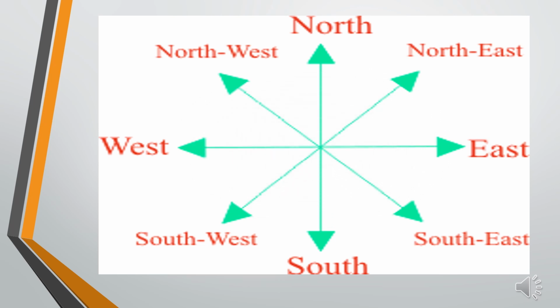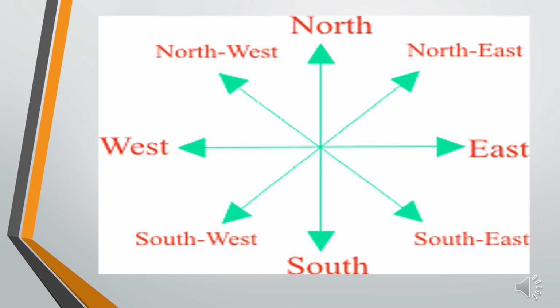Children, people use different ways to find places. During ancient times, people used the position of the sun to determine directions. You know that there are 4 main directions. What are they? They are north, south, east and west. Look at the diagram.